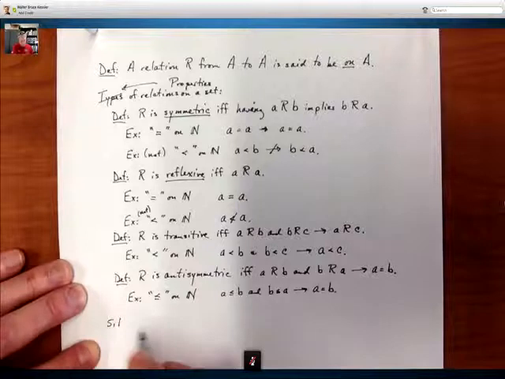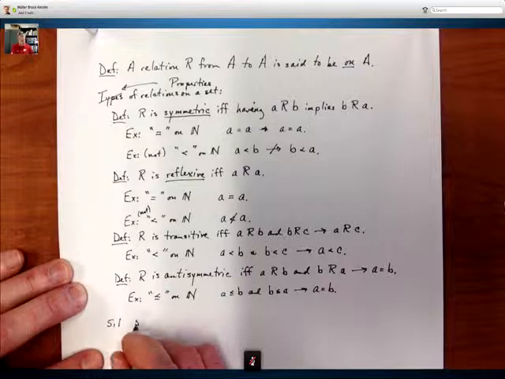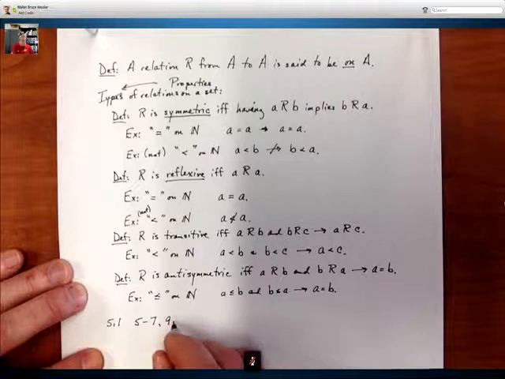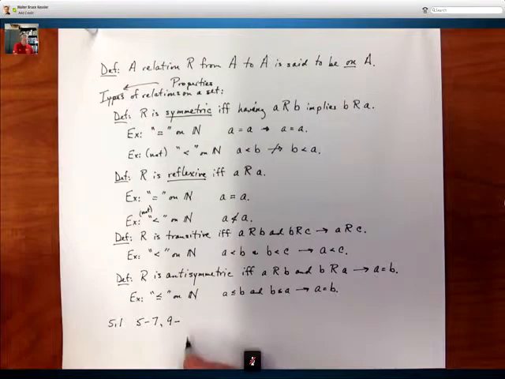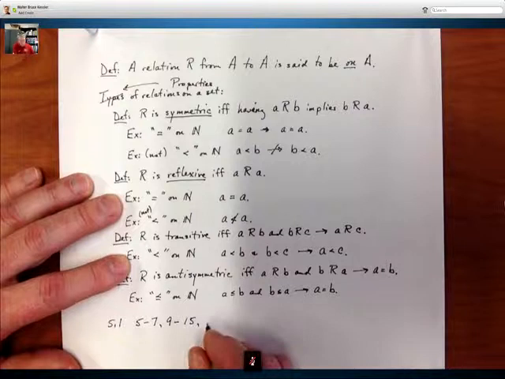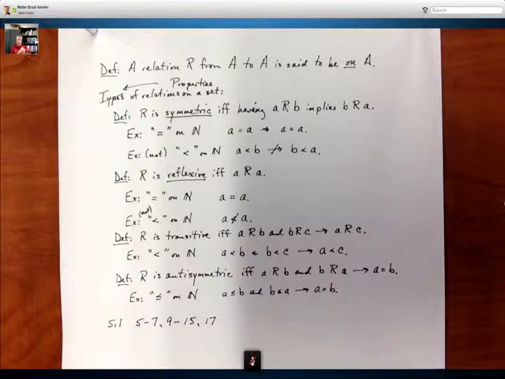So in 5.1, do problems 5 through 7, 9 through 10, 15, and then problem 17.